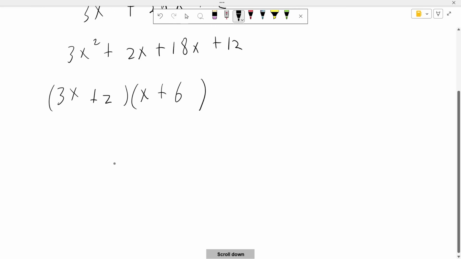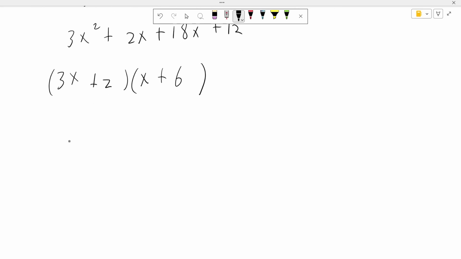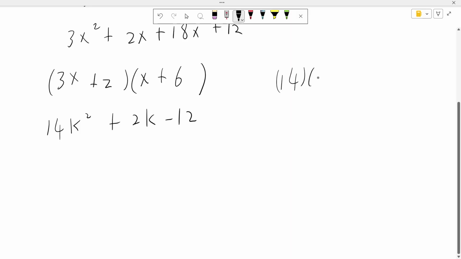So let's work on another problem to get more familiar. So this one also, you multiply 14 by negative 12, so sign matters. And you get negative 168.